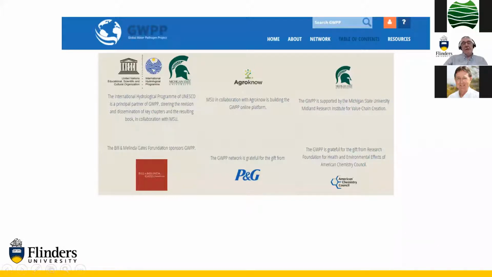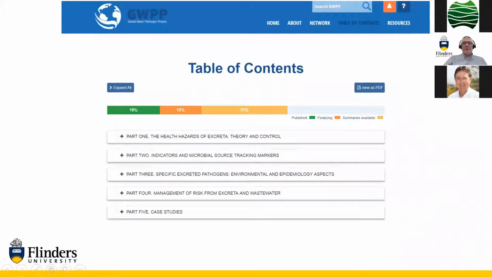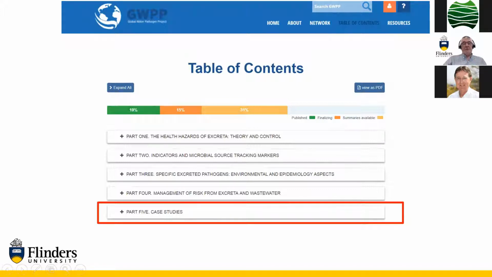It's really trying to underpin the application of the safety planning manual. And why I think it's such a great site is if you wanted to know anything about the organisms present in wastewater, the nature of the pathogens present, the risks, and how you do a risk assessment, a quantitative microbiological risk assessment, it's really a great source for information.